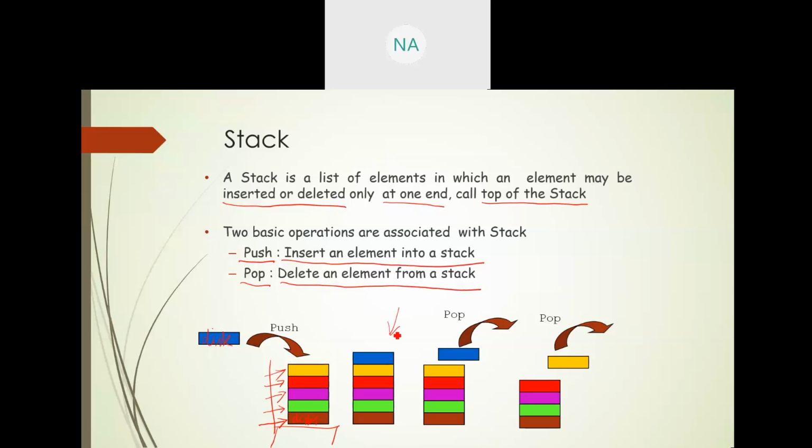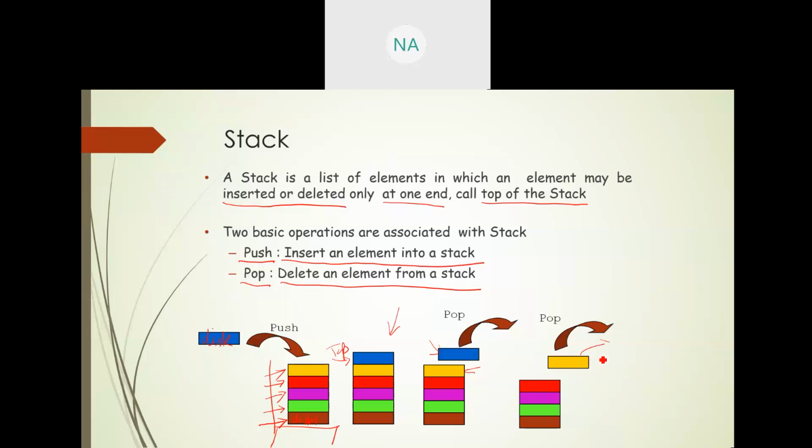Now at the top of the stack, you have the blue disk. If you want to remove this blue disk, you need to pop the top element. At the top of the stack you have the blue disk, so it will be removed. If you perform the pop operation again, the current top, which is now this yellow disk, will be removed.